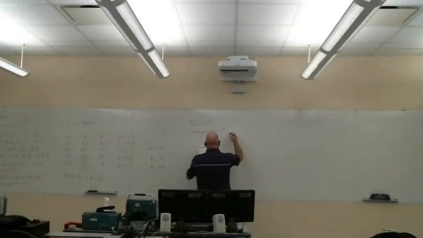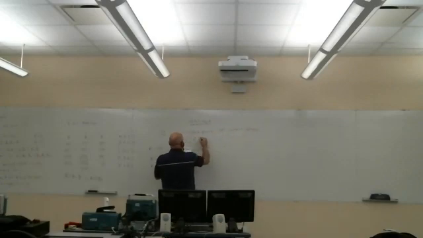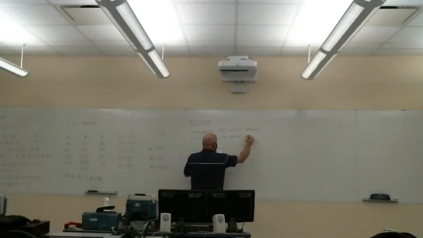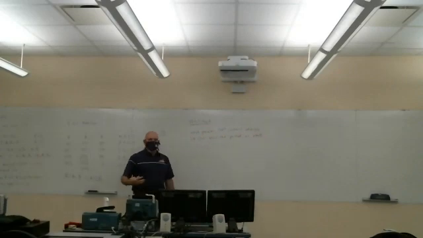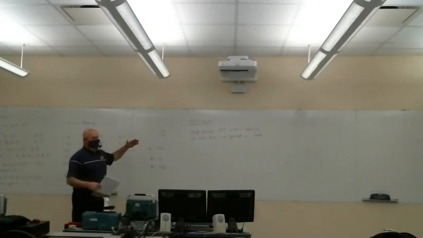So the stack pointer contains the address of the last data item pushed on the stack. Now, the convention with almost all microcontrollers is that when you push something onto the stack, the stack pointer is actually decremented.